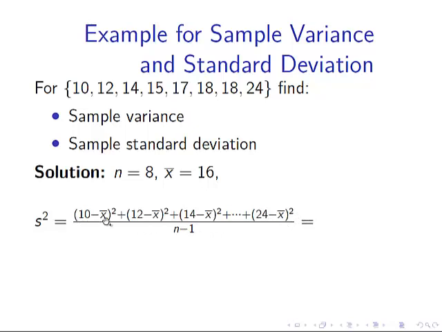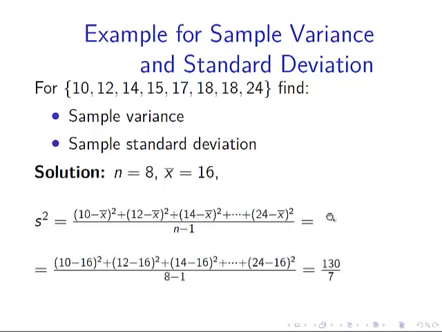And then divide this sum by n minus 1, where instead of n you take 8, and instead of sample mean x bar, 16. We obtain 130 over 7. This is the result for sample variance.